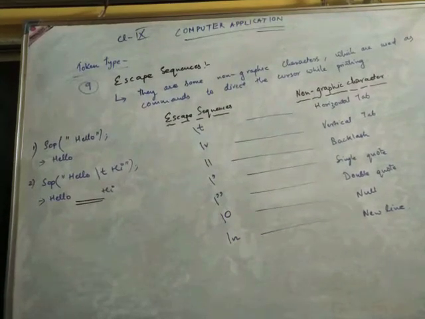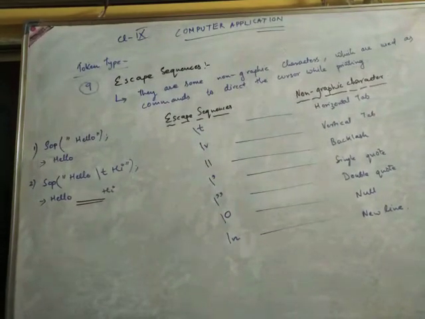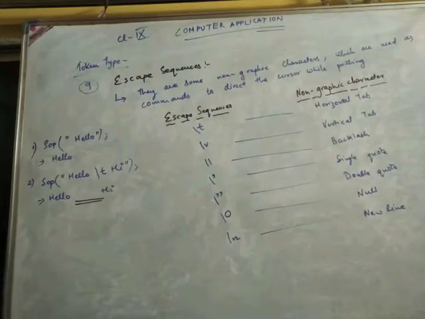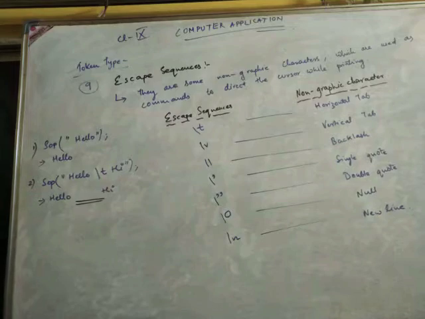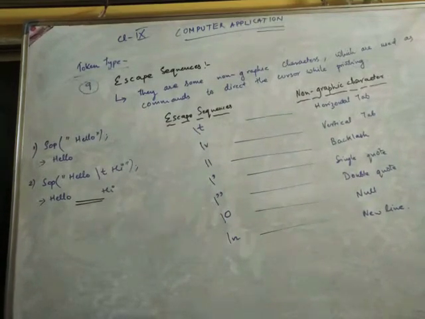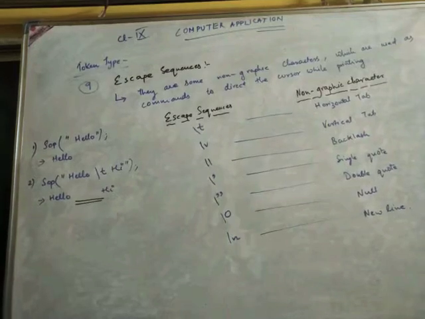This is what the escape sequences do. They are non-graphic characters which are used to direct the cursor while printing. They are used as commands to direct the cursor. The cursor is printing H, E, L, L, O. This is the way the cursor is printing.